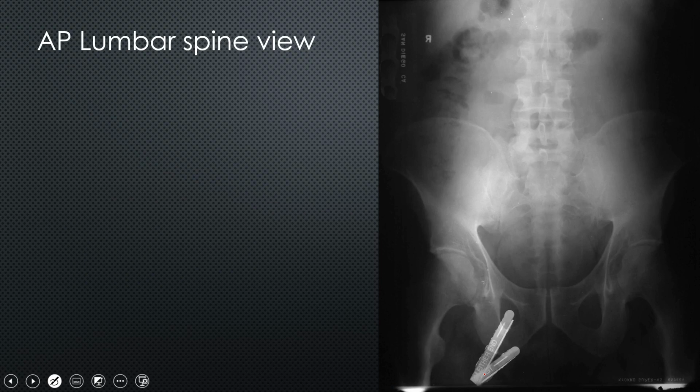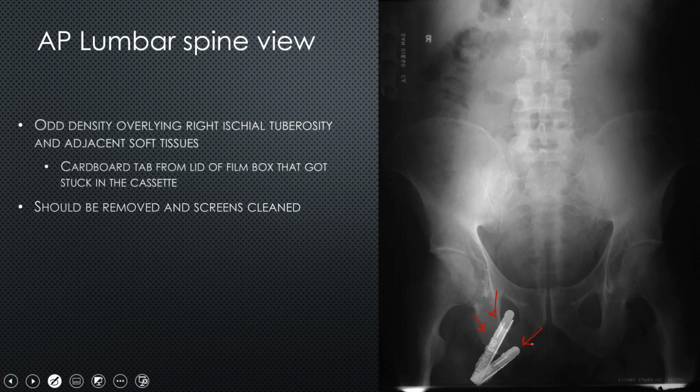Okay, another example here, we have an A to P lumbar spine view again. And for the most part, everything looks good. I mean, the density could be a little better, but we do see this structure here. It looks like something either end, and there's like a little arrow.